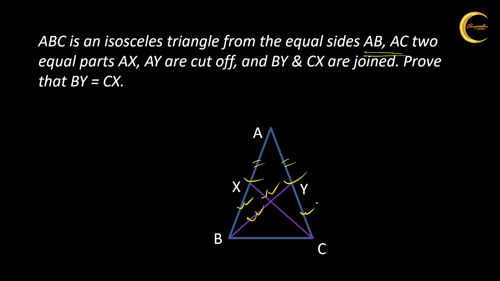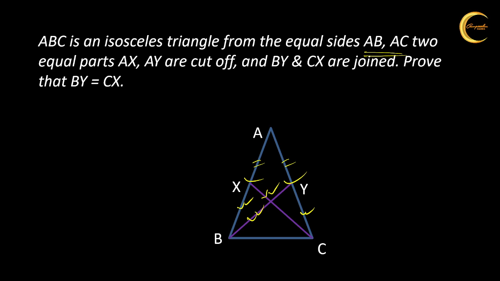This is the main point. Then you can easily prove that triangle BCX equals triangle BCY. Okay, I have given some hints to solve this problem. If anybody wants to solve this problem, then you can take these hints.